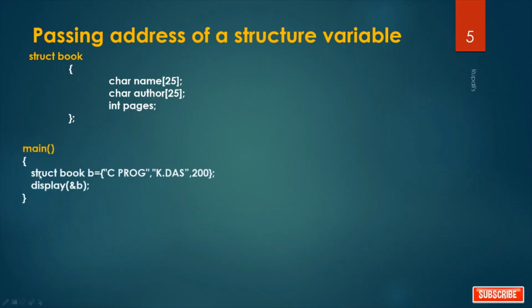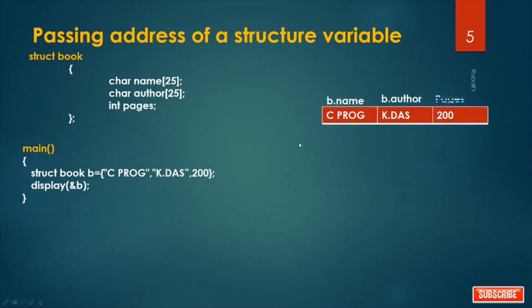Now in main I declare one object of type book and I initialize it with values. Now see here in memory, this is b.name, b.author and b.pages with corresponding values, and in memory it's stored like this. Now I call one function display with the address of b.